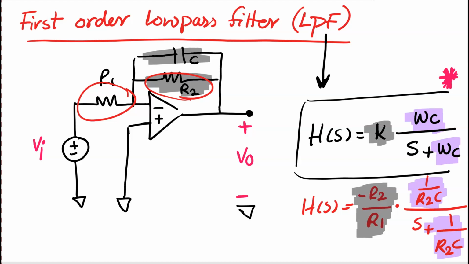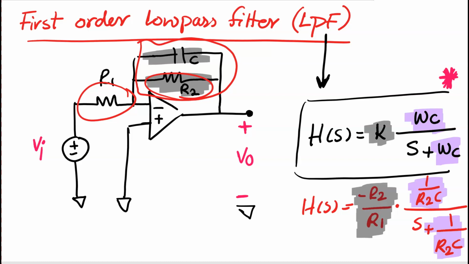I want you to notice that a main difference between passive and active low pass filter is that in spite of passive filter, the gain and omega C are defined independently here. So it means that you can choose to have a particular cutoff frequency, and it only depends on the values that you are selecting for your capacitor and resistor in your feedback configuration.